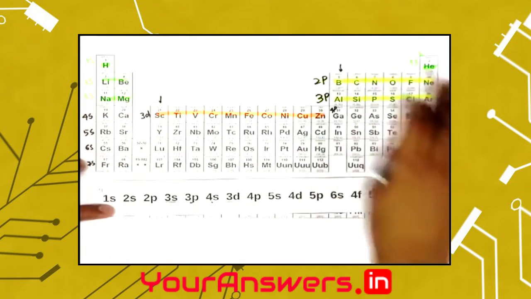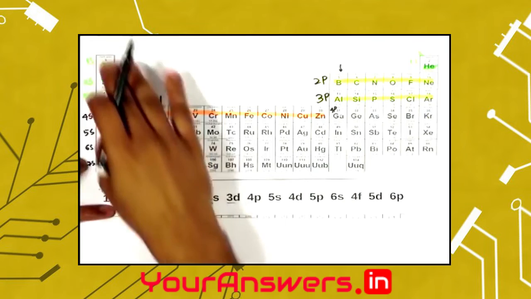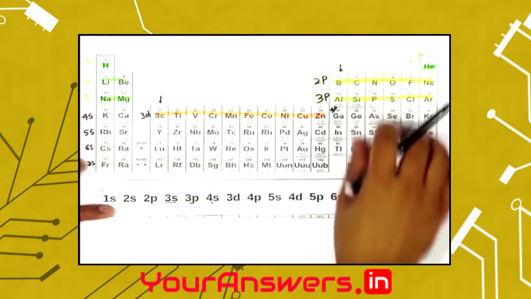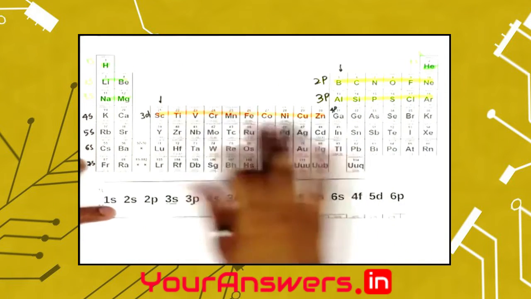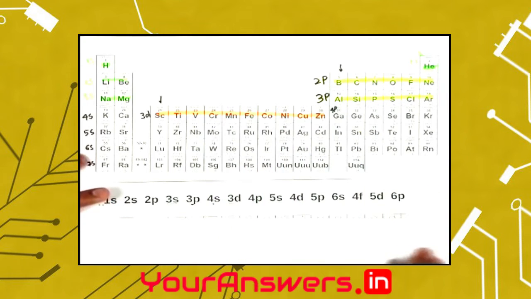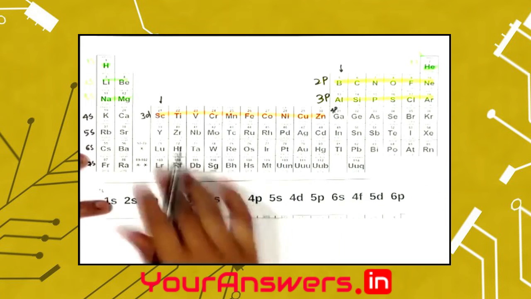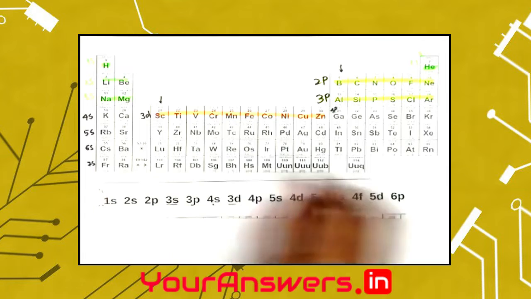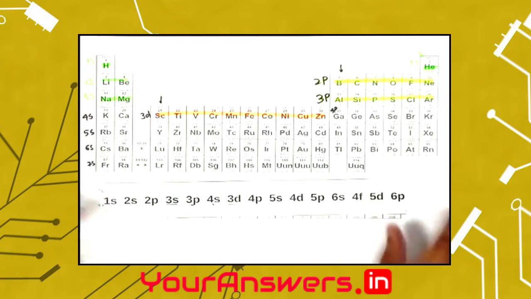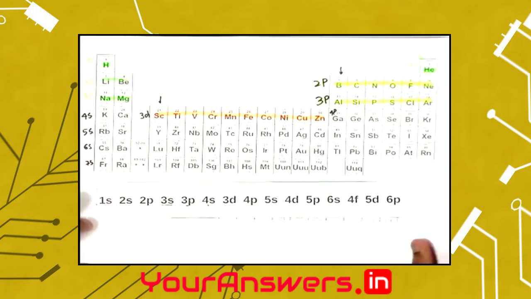So this is how we also name them as s block elements, p block elements, d block elements. These are all the outcome of electron filling pattern. So you can take your periodic table and write down the electronic configuration of any atom that you wish.